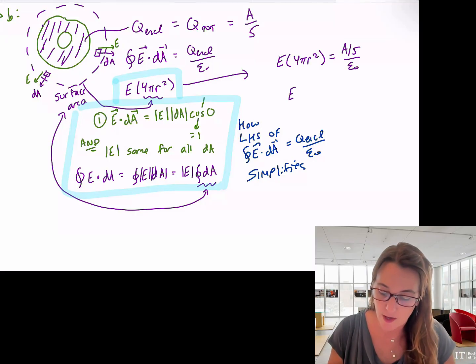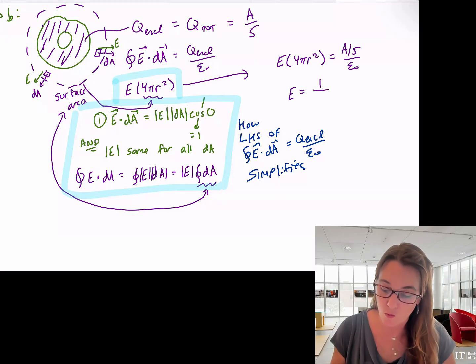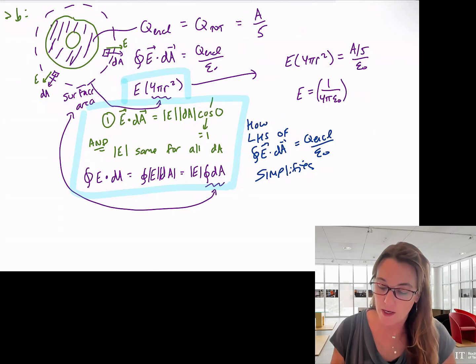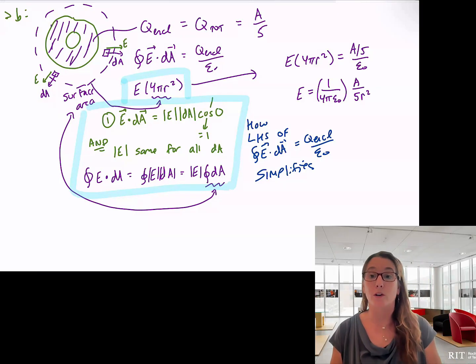So here I get my electric field as a function of r is 1 over 4 pi epsilon naught times, and in this case, I just get A over 5 little r squared.